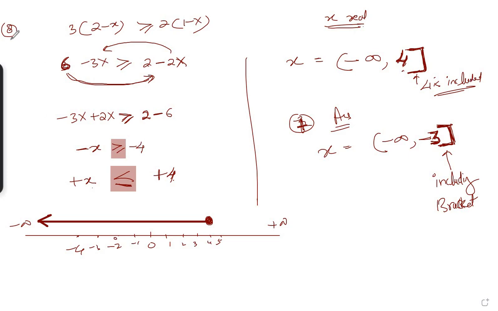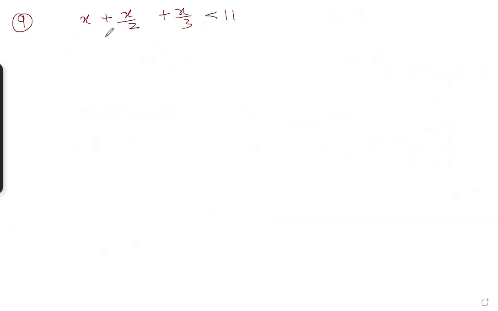Next question. So here is question 9. Okay, so there are so many x terms. So first let me simplify it. Let's take the LCM. LCM is 6 for all three. So it is 6x plus 3x plus 2x is less than 11.